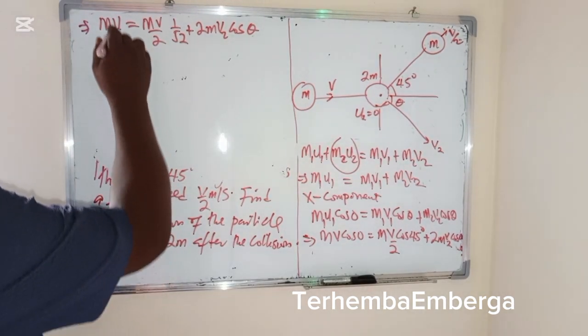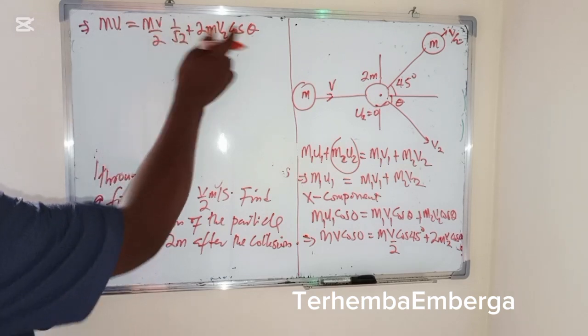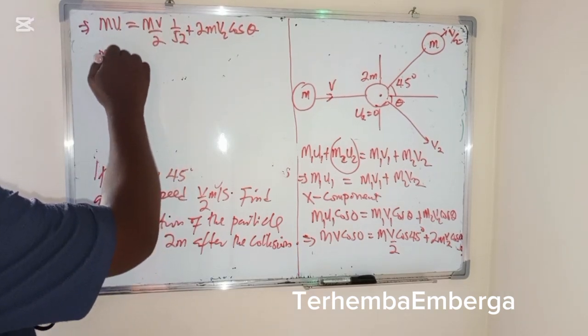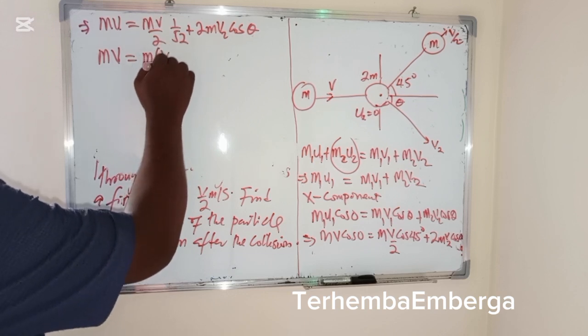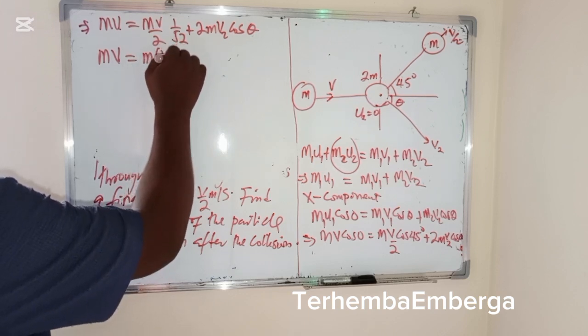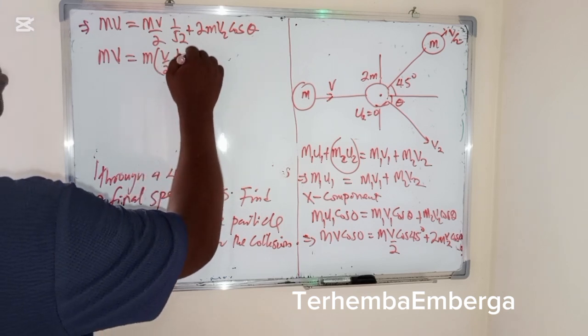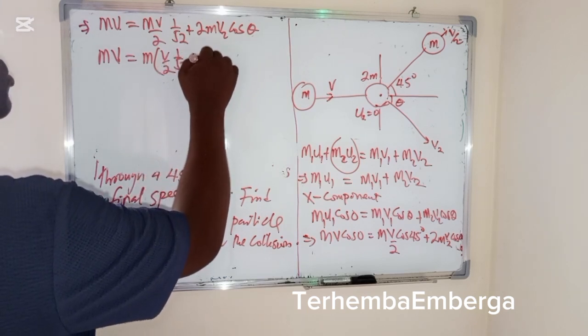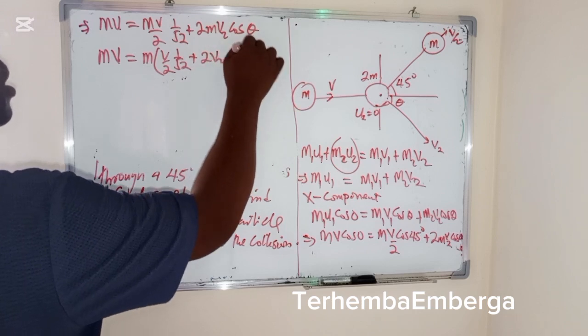We have m common, so mv is equal to m into v over 2, 1 all over root 2, plus 2 v2 cos theta.